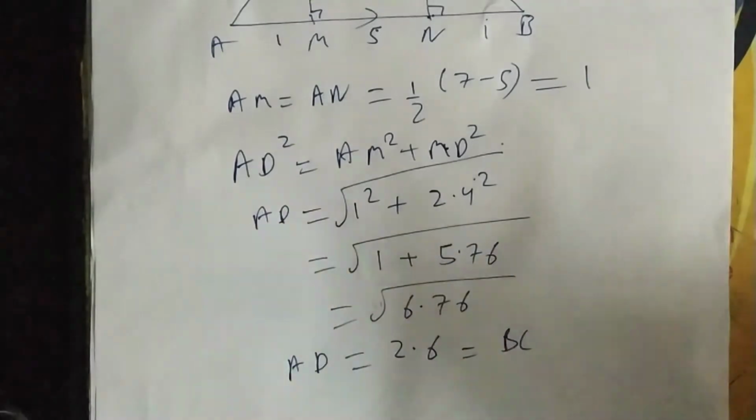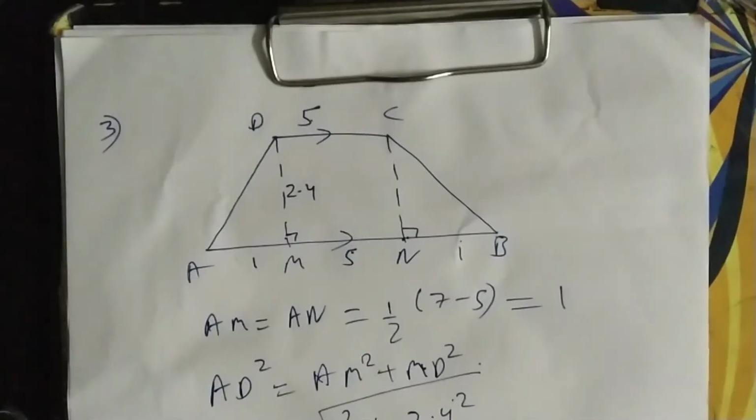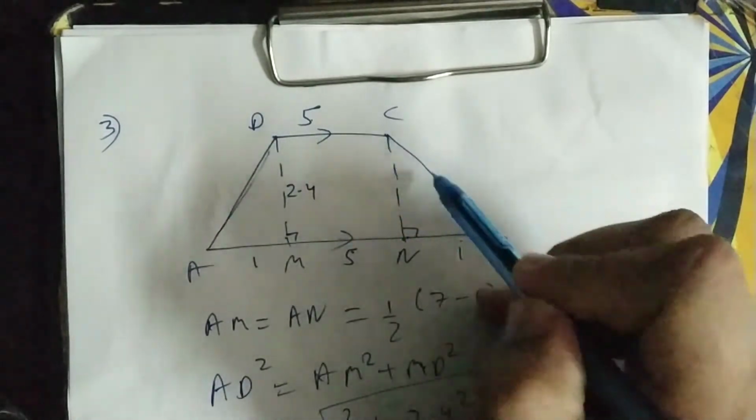Now the first part is the cost of painting the internal surface of the tunnel excluding the floor. So we don't require the floor, but we need this surface.